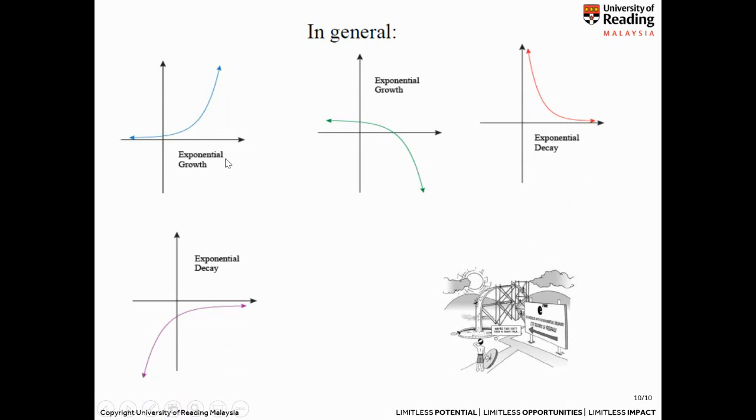That means when you see the base with the positive power, that will be exponential growth. When you have a base with negative power, that will be exponential decay. So this will be the reflection along the x-axis. This exponential growth is also the reflection along the x-axis.